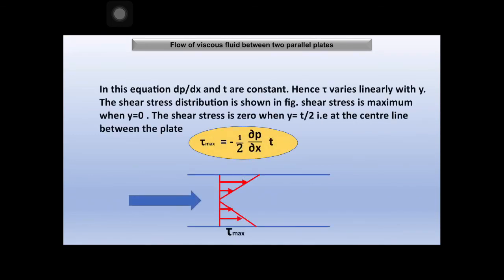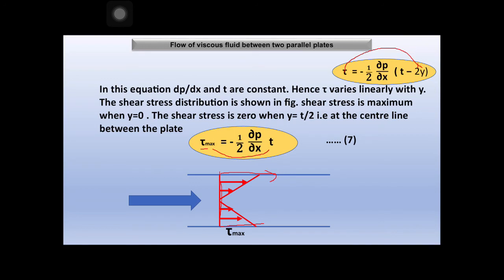In this shear stress distribution equation, the terms dp by dx and t are constant, and the remaining variable is tau. The tau will vary linearly with y. Here you can see this tau is varying linearly with y. Hence the shear stress distribution shown in the figure is a linear distribution. You can see that the shear stress is maximum at the boundaries, at the upper boundary and lower boundary.